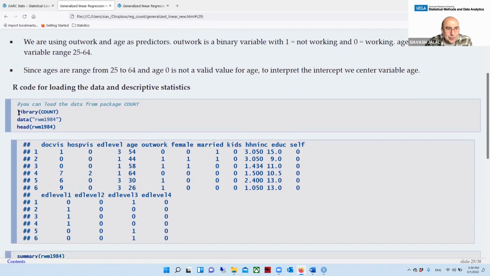First, you need to install that package, of course, and then put the name of the data in quotation marks, and the data will be in your workspace. And you can see the data: doctor visits, hospital visits for each person, age of the person, out of work, whether they are married, whether they have kids, education, and so on.